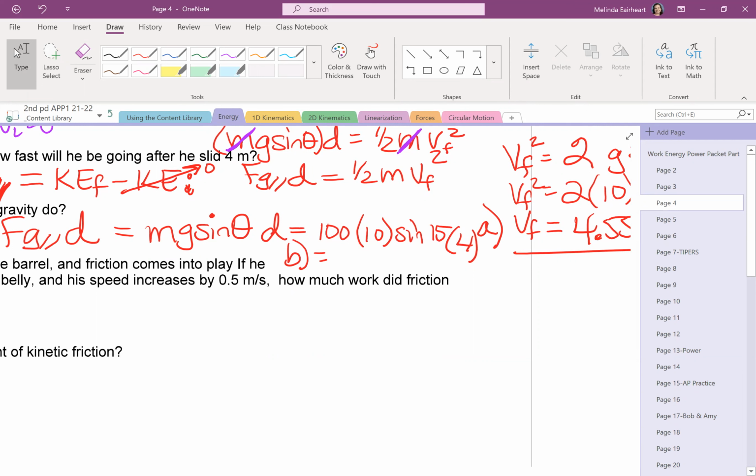So it's 4,000 times sine 15. There we go. Don't forget gravity like me. What do we get? I used 9.8, but I got 1,025. Okay, so with 10, 1035. And that would be joules. And we already said that it does positive work. So I'm just going to put it there. So there's our answer for part B.